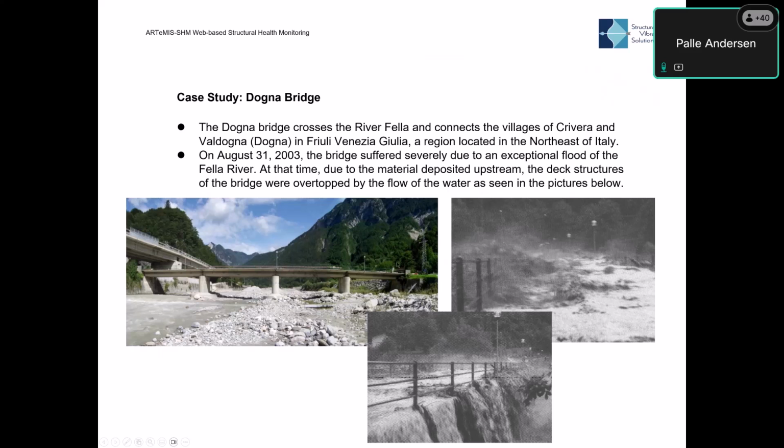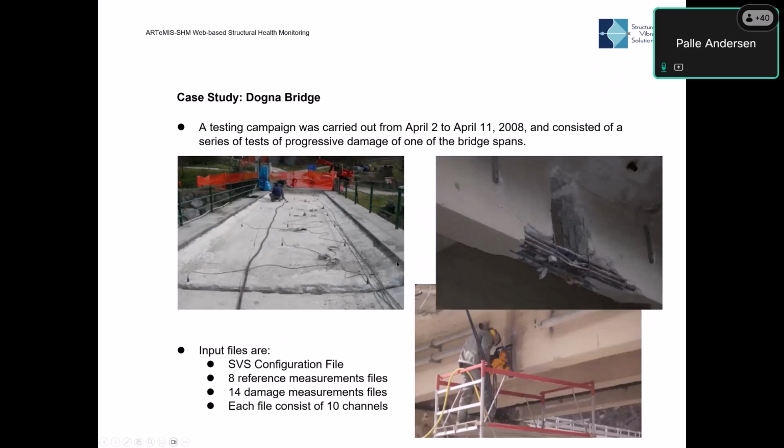It's a small set of data, but it illustrates very nicely how things should be set up. You can see how the different sensors have been located across this section of the bridge, and you can also see some of the damage these guys were doing to this structure before it was demolished.